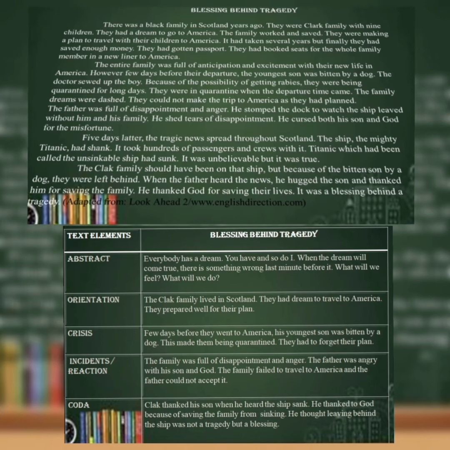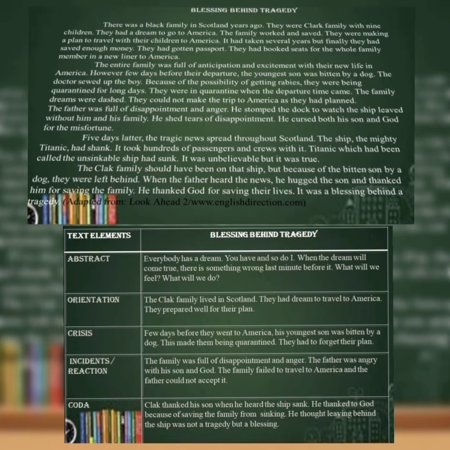The family failed to travel to America, and the father could not accept it. So I think this is the direction after the crisis. Before that, his younger son got the incident, and now for the next element, I think it's the reaction based on the text.